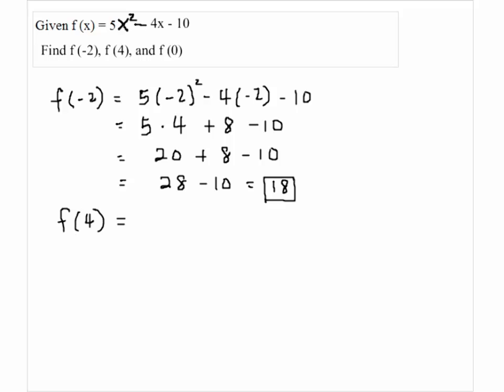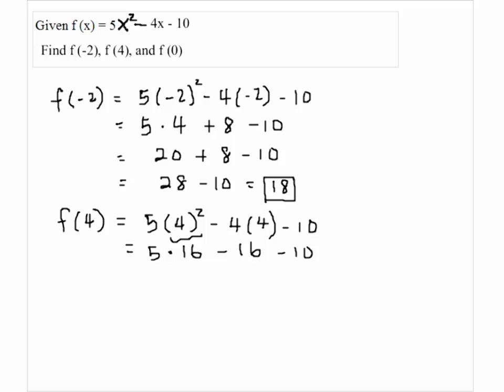f of 4 is to replace all the x's in the function with 4 and evaluate the function. So 5 times 4 squared minus 4 times 4 minus 10 equals 5 times 16, which is 4 squared, minus 16 minus 10.